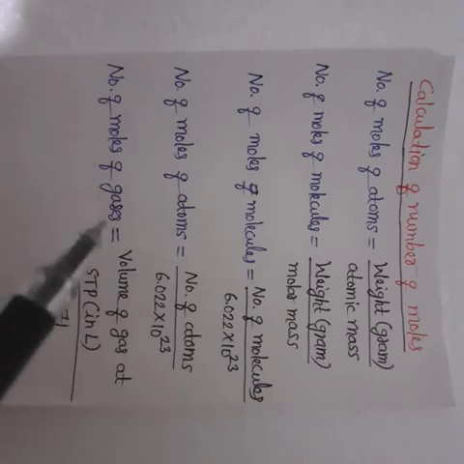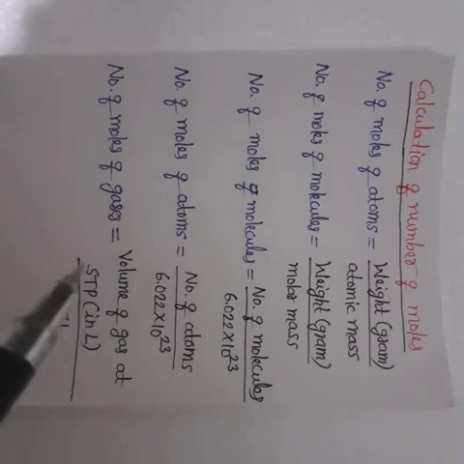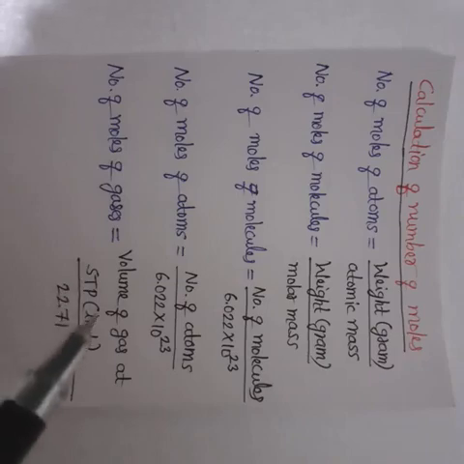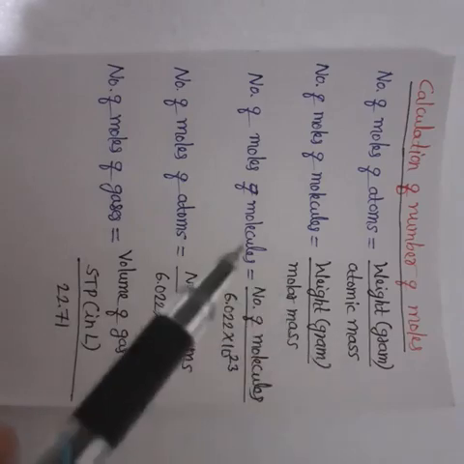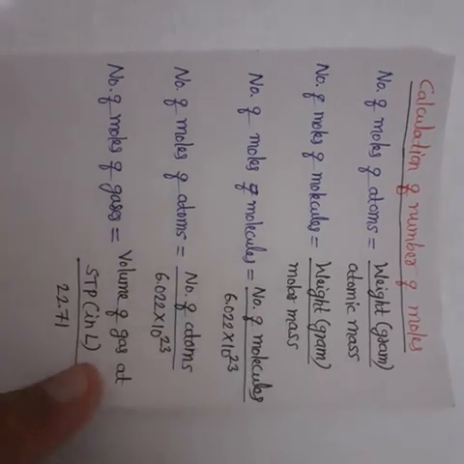Number of moles of gases is equal to volume of gas at STP in liters. STP means standard temperature and pressure. In liter divided by 22.71. These are the formulae to calculate the number of moles.